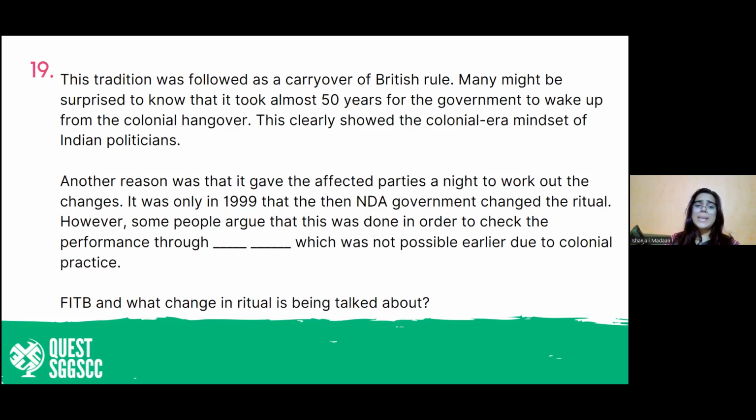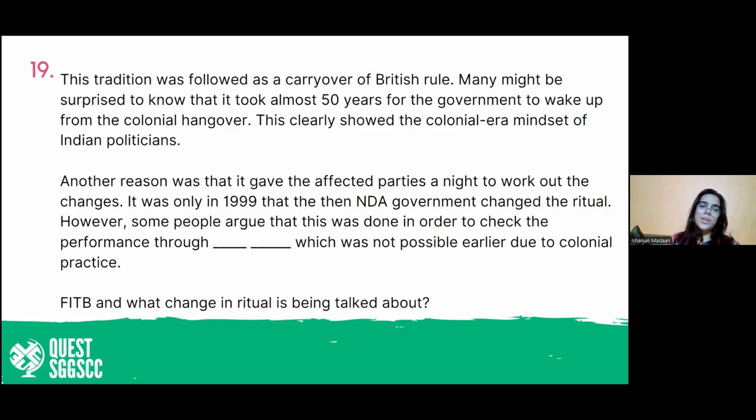It was only in 1999 that the then NDA government changed the ritual. However, some people argued that this was done in order to check the performance through dash dash, which was not possible earlier due to colonial practice. Fill in the blanks and tell us what change in ritual is being talked about here.